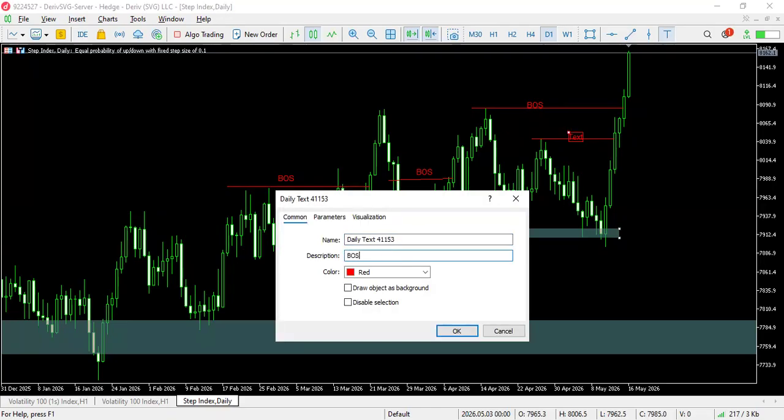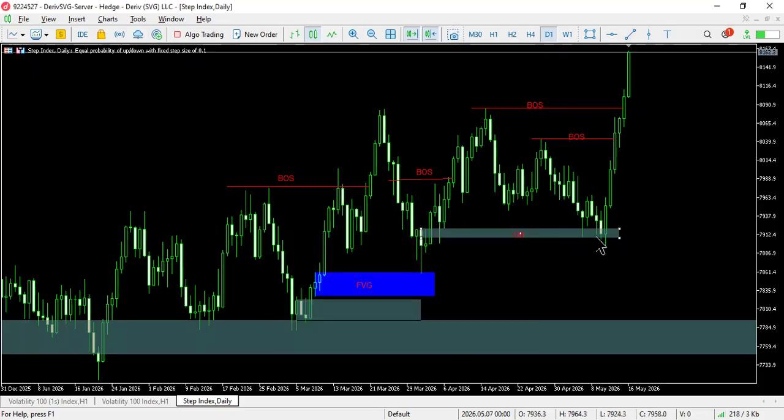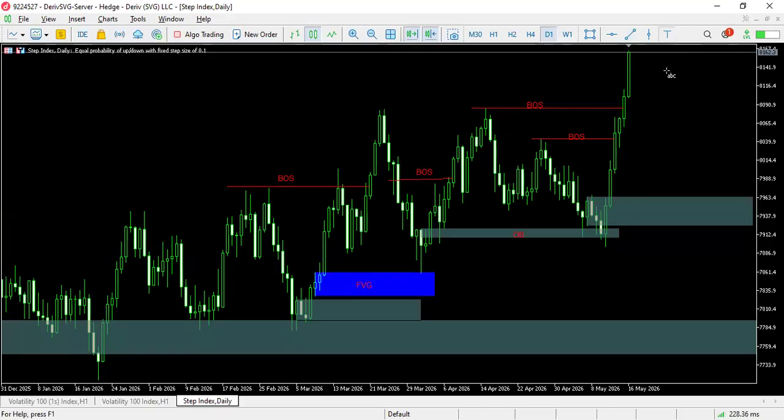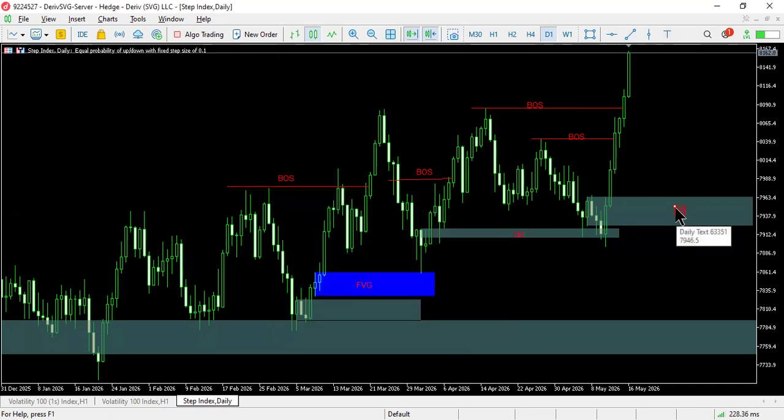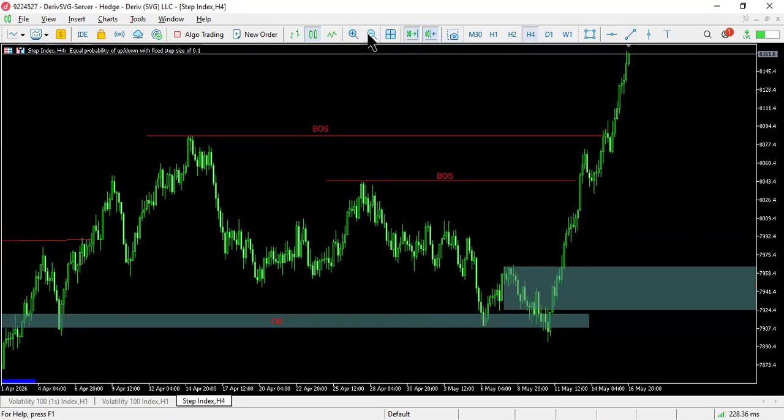We also have that internal break of structure, and then our order block, which caused the internal break of structure, is that order block. Therefore, we are going to be positioning for a buy at this order block. So that's pretty much it from the daily time frame, heading over to the 4 hours time frame.